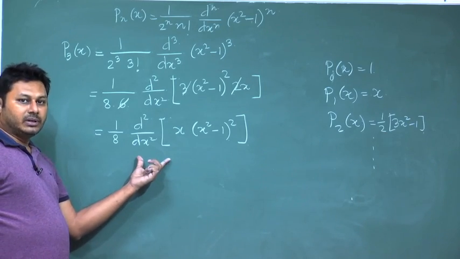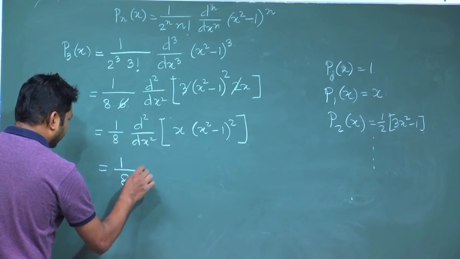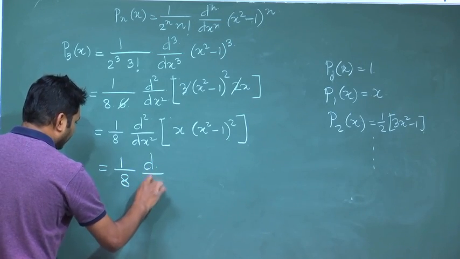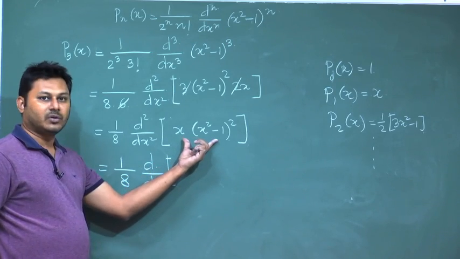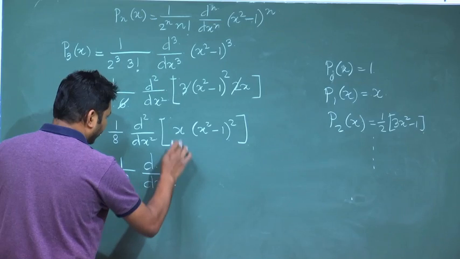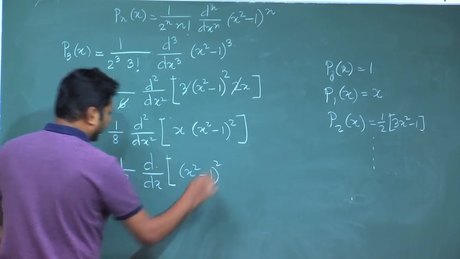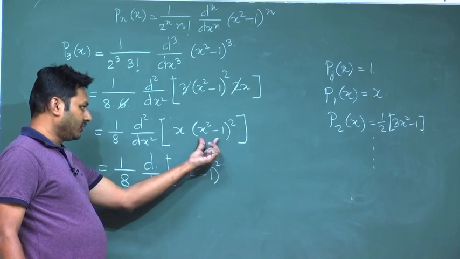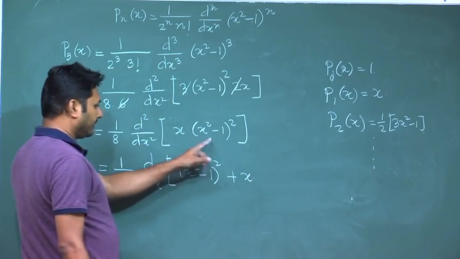Again I need to reduce one order here. So d/dx, if I reduce one order, then I need to make a derivative of this quantity. Okay, let us do that in this way, the first derivative and the second derivative. So (x² minus 1) first derivative multiplied by the second one, plus the second one multiplied by the first derivative.